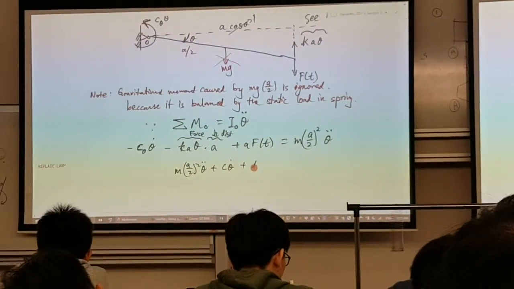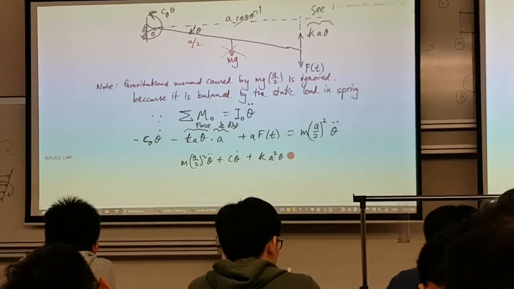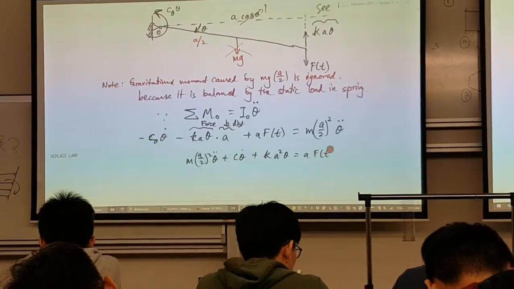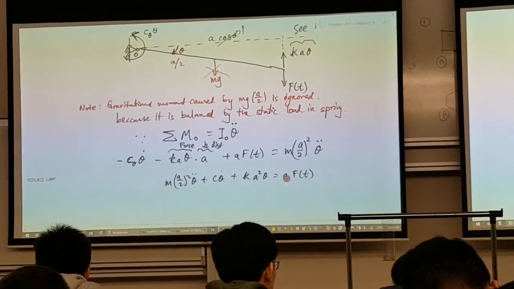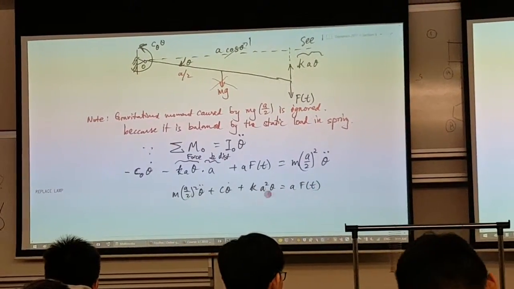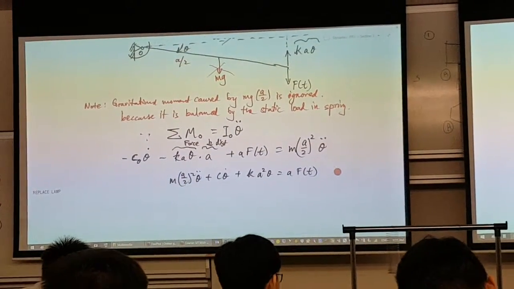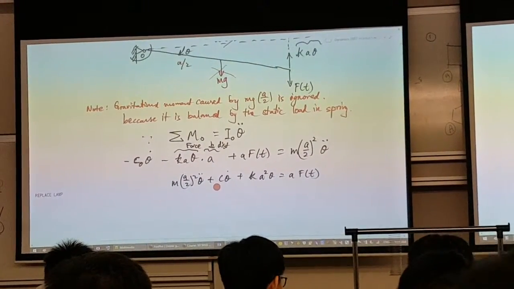And then that k a squared here equals a F at t. So what I'm doing is I'm always moving my force toward the right hand side, and I keep the other parts of the second order equation on the left hand side.